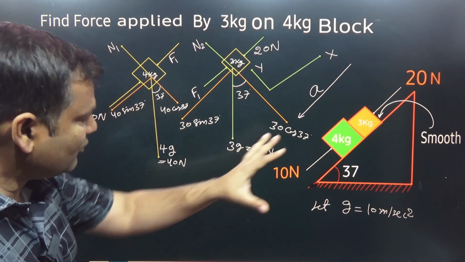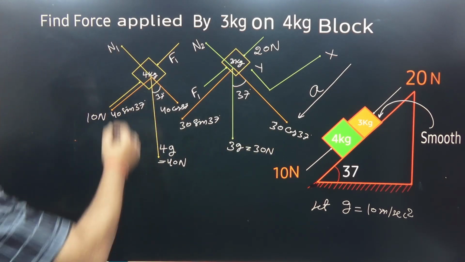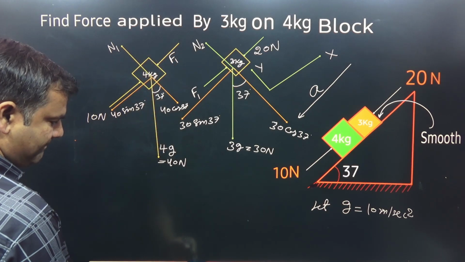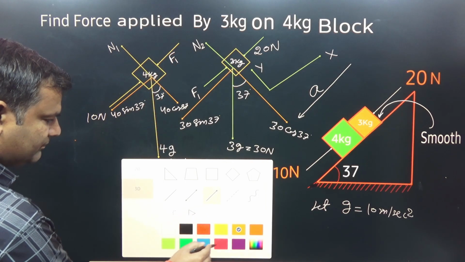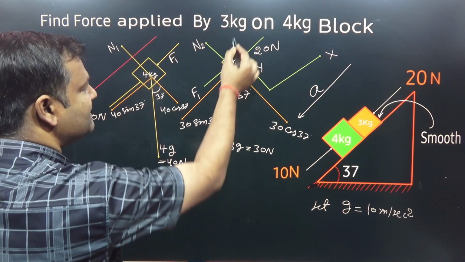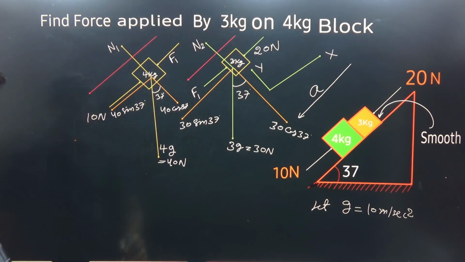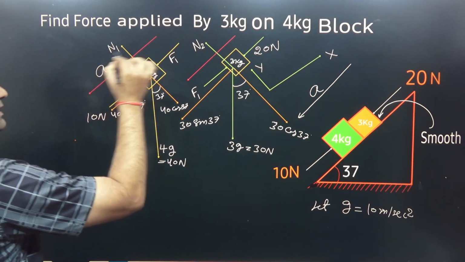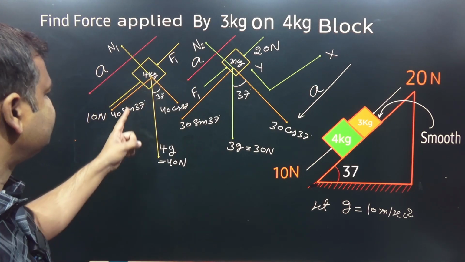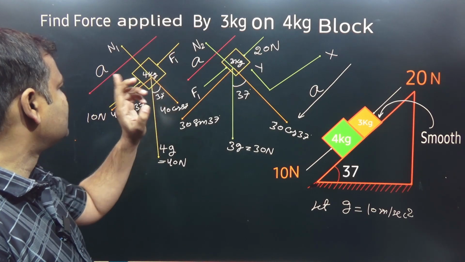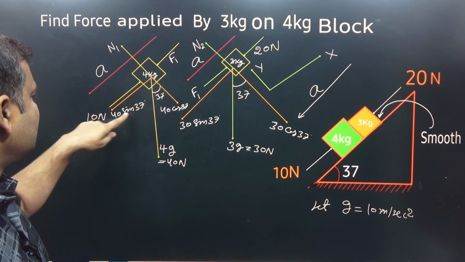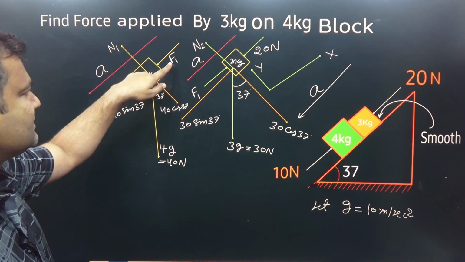So if this whole system is going downward, first of all, look here. This one is going downward and that one is going downward, with acceleration A, and this one is also A. First of all, look here, how many forces in the downward direction? Here 40 sin 37 plus F1.